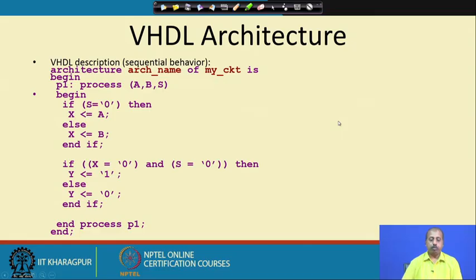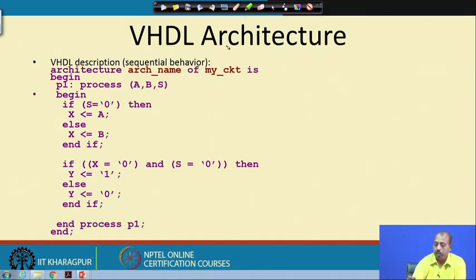So, how are you going to describe it in VHDL? First, we will be looking into a sequential behavior. Any description in VHDL is put into the VHDL architecture. For my circuit, the first thing that I have seen is the entity.